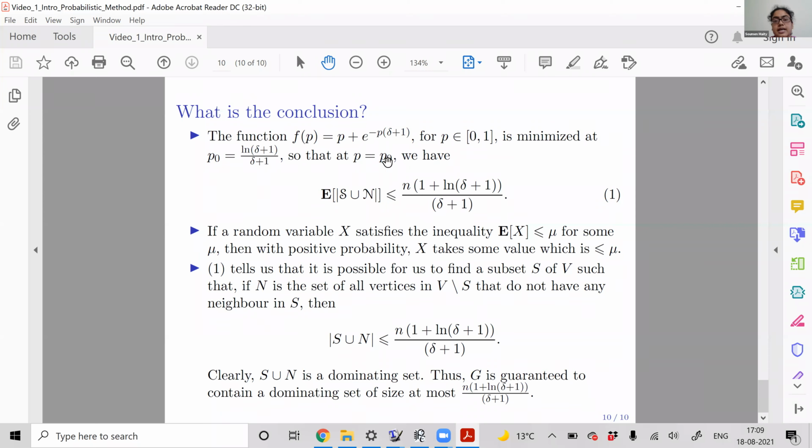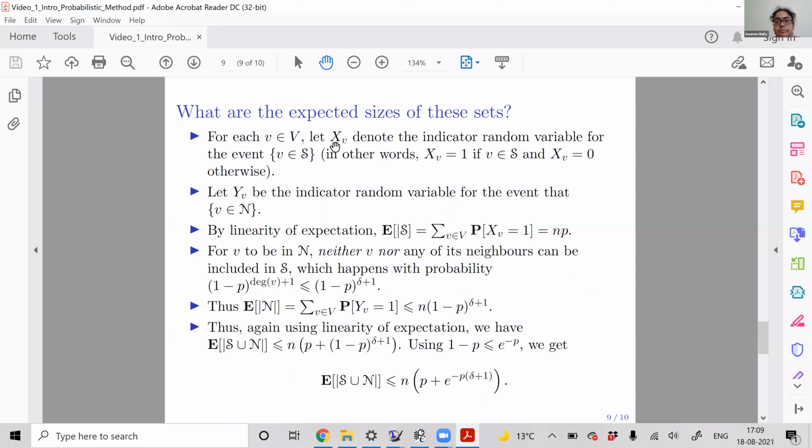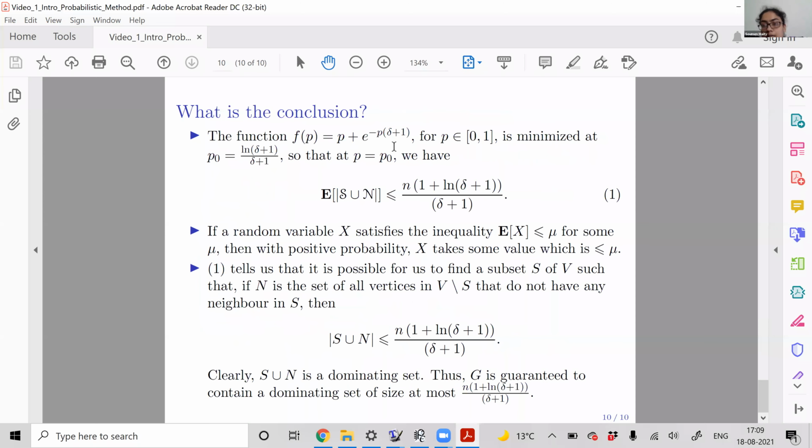All I have done is plug in this value of p in here. So, just writing the natural logarithm of delta plus 1 divided by delta plus 1 instead of p, and then if you do the computation, you will find that this gives us this particular upper bound. The n comes from the last line of the previous line, which I didn't mention here because I'm just considering this as a function of p.